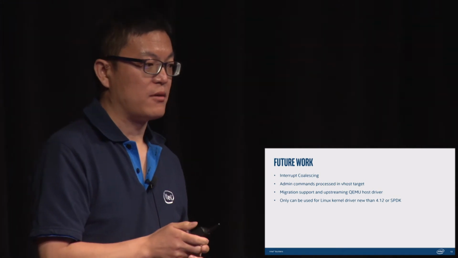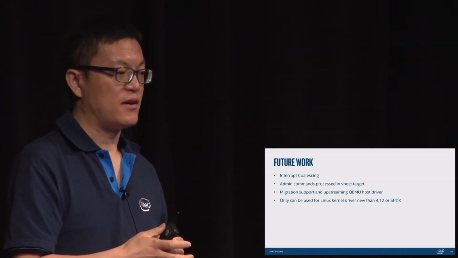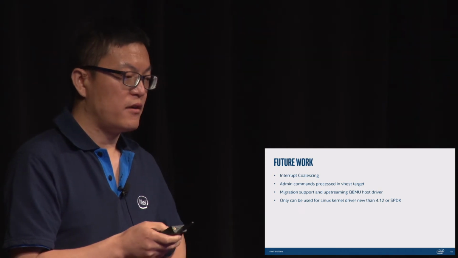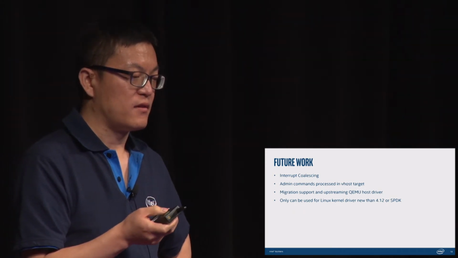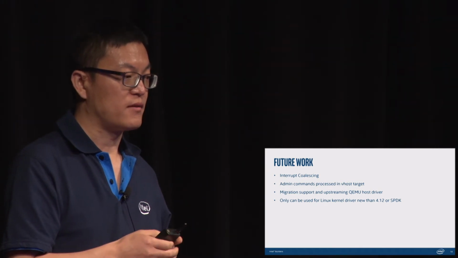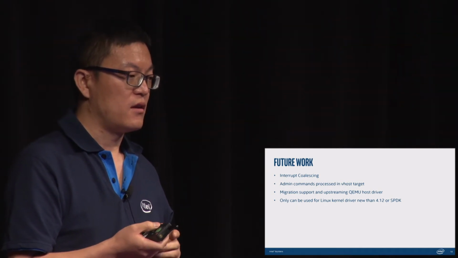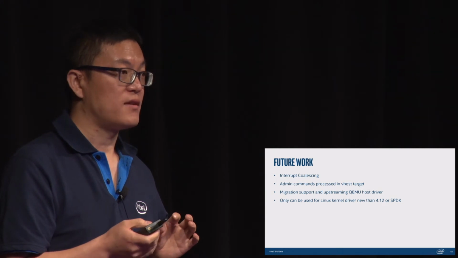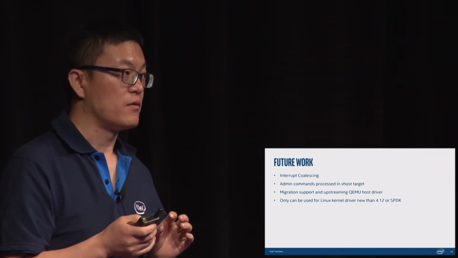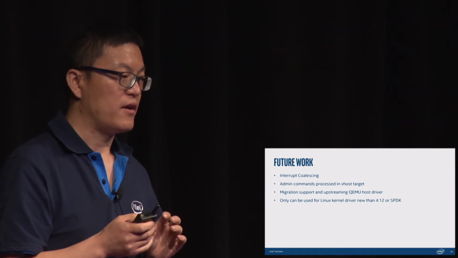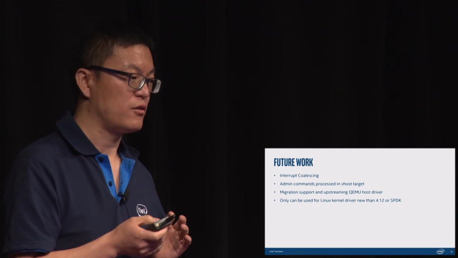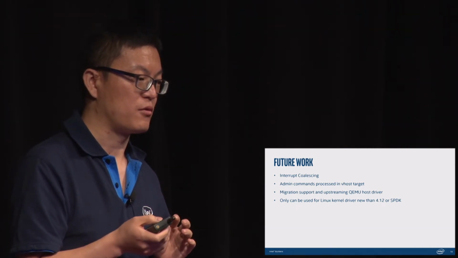Some future work about this feature: interrupt collapsing. If you are familiar with the Linux NVMe driver in kernel space, you will find that when submitting a new request to a submission queue, the kernel NVMe driver will poll the completion queue first before each new submission.